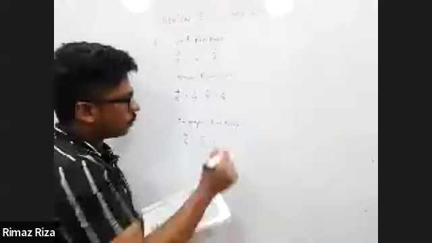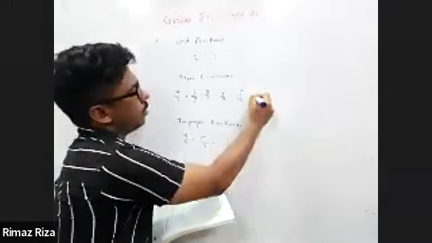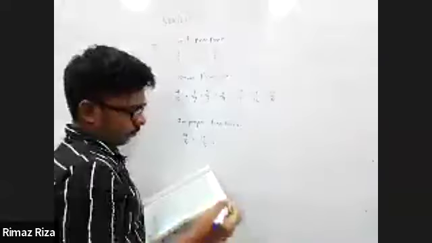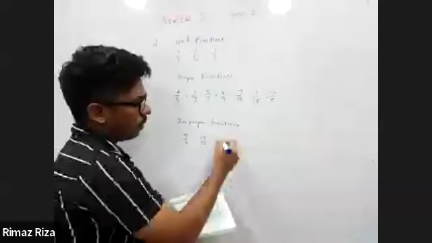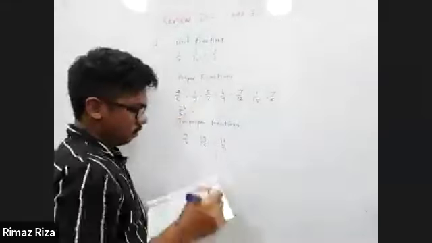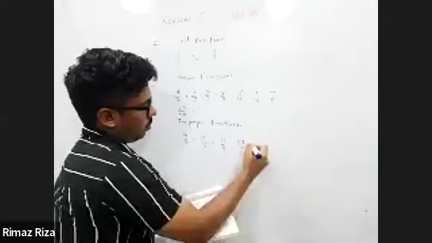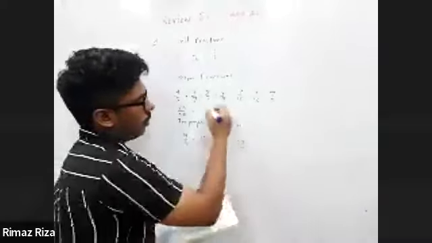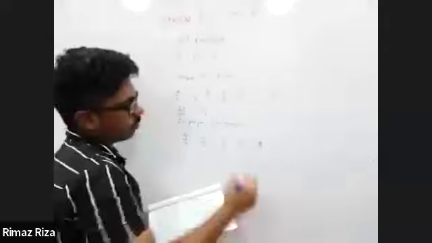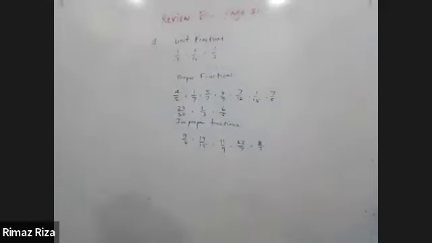And 7 over 12 comes here. 1 over 15 comes here. 7 over 8. 11 over 9. 23 over... 22 over 7. 1 over 3. 8 over 7. 6 over 5. Okay. So, yeah. Check your answers.